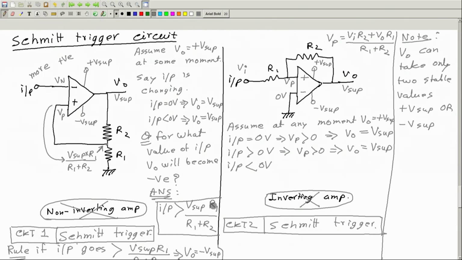So, let me ask the same question. The question is, for what input V O will change, or will become, so right now it is positive, will become negative.